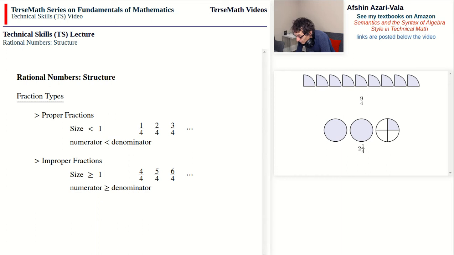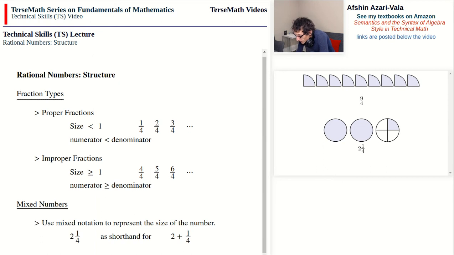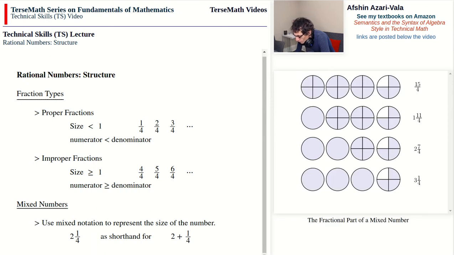It's important to keep in mind that for mixed numbers, the fractional part should be proper. So in order for me to call this a mixed number, the fractional part must be proper. I would like to explain why.